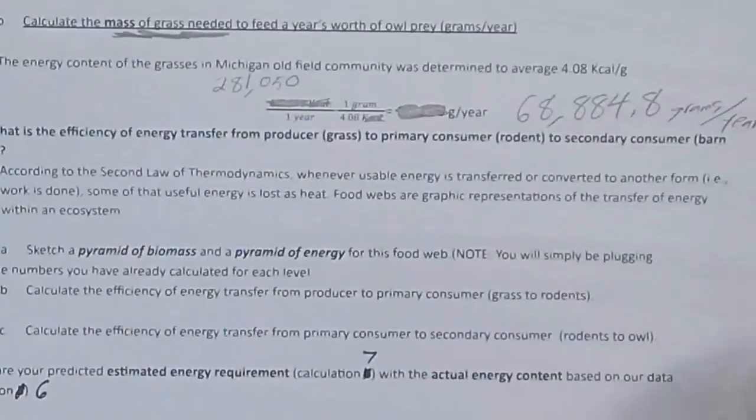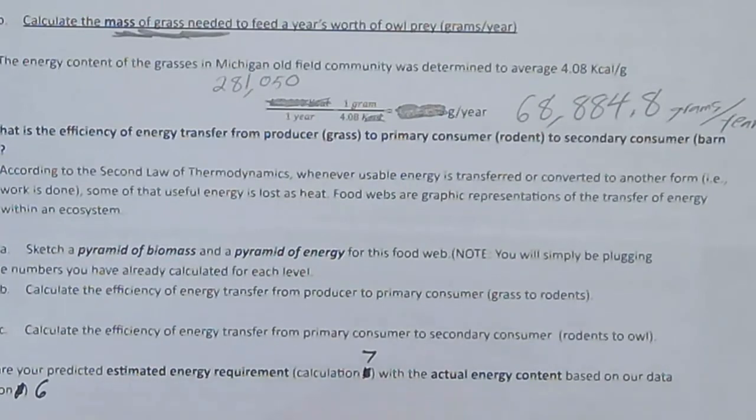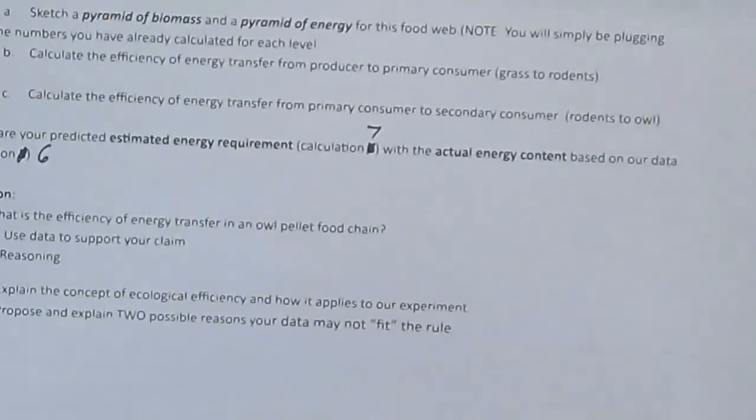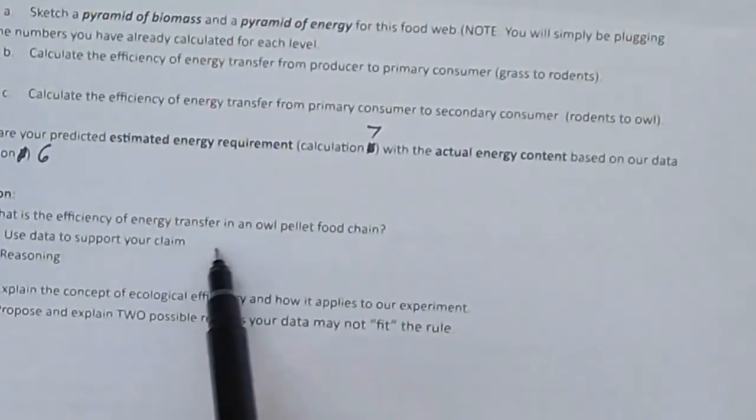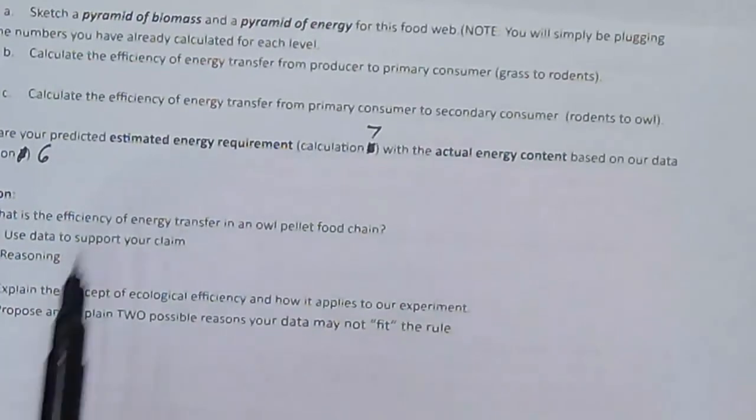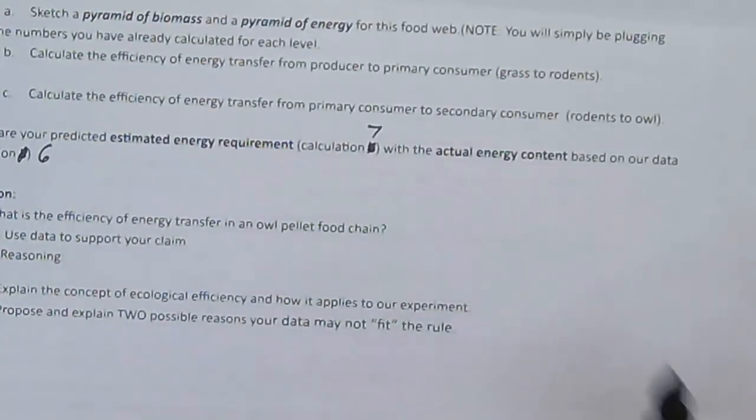Okay. So compare those two, right? That's the last part. All right, so we see that the estimated energy, right, is much lower than the actual energy consumed. All right. So what is the energy transfer in the owl pellet food chain? That's our claim. All right. Use data to support your claim.